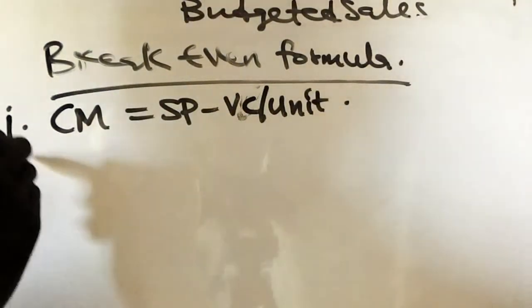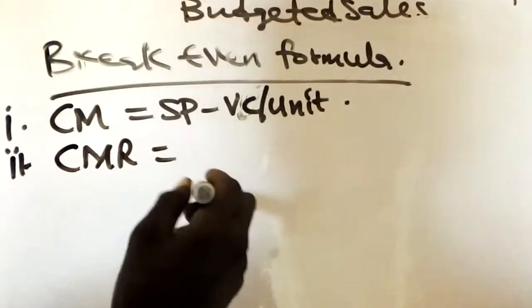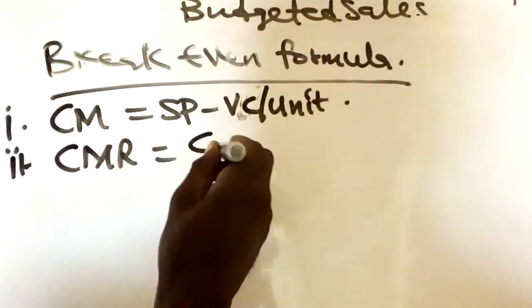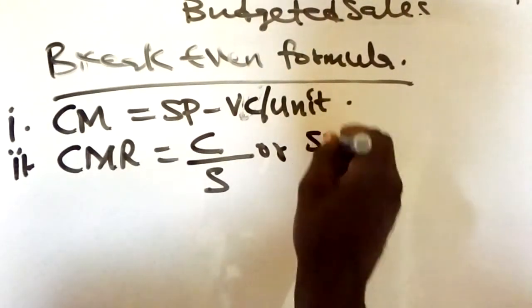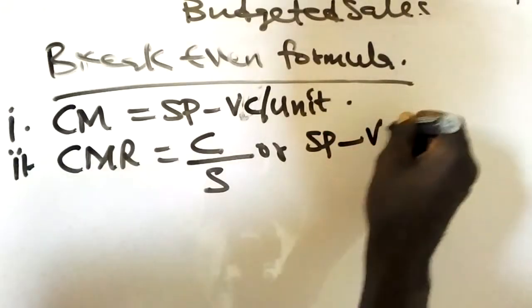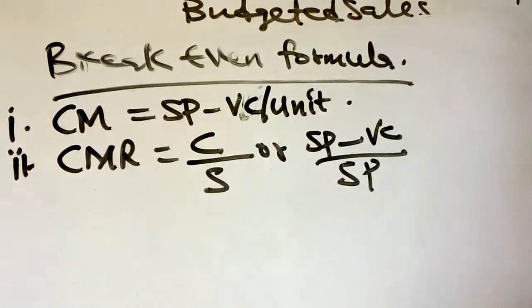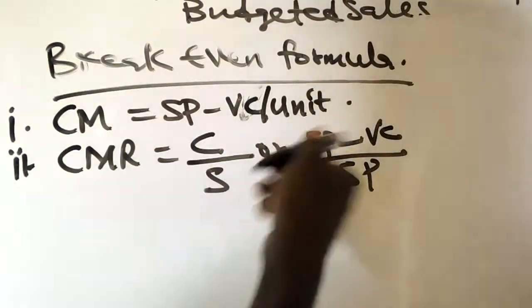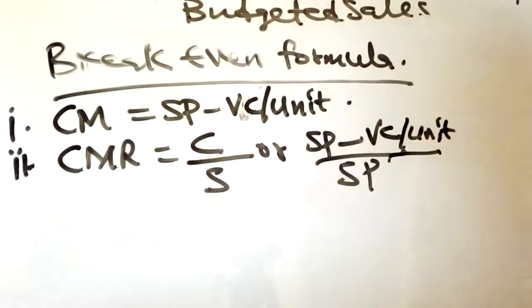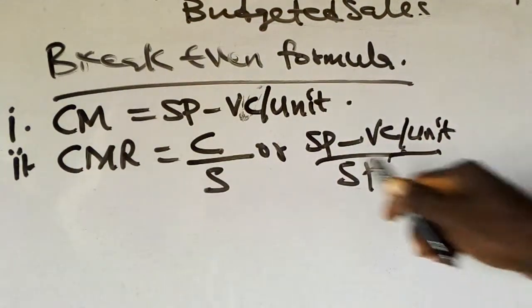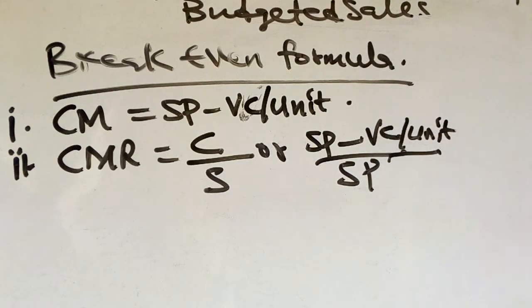Number 2, contribution margin ratio, CMR, equals contribution over sales, or selling price less variable cost over selling price. If you want to use totals, it will be total sales revenue less total variable cost over total sales revenue.